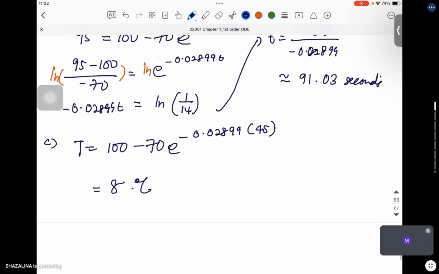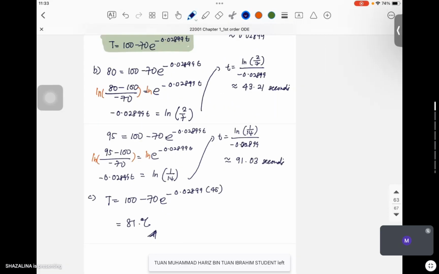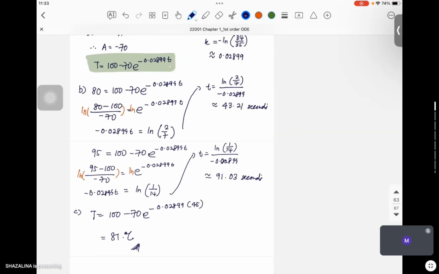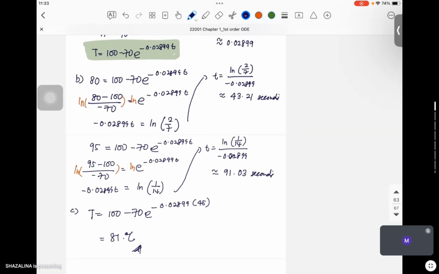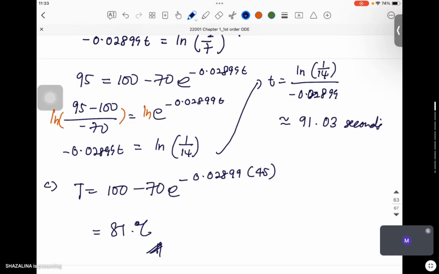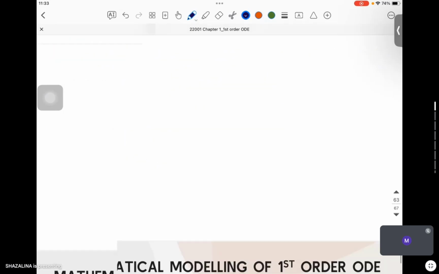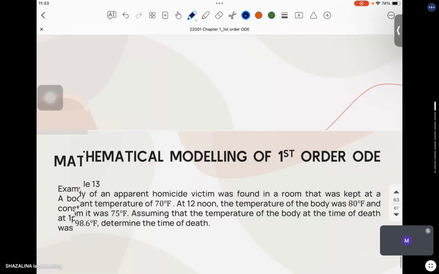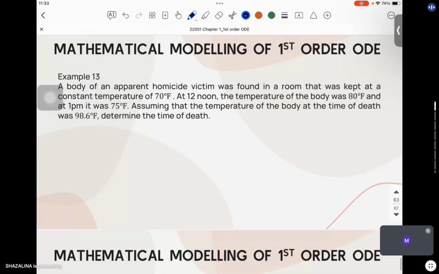Sama pun. Alright. So capital T equals to 81 degree Celsius. Ada soalan? Dapat madam. Okay. Tak ada soalan, kita proceed. Last example.